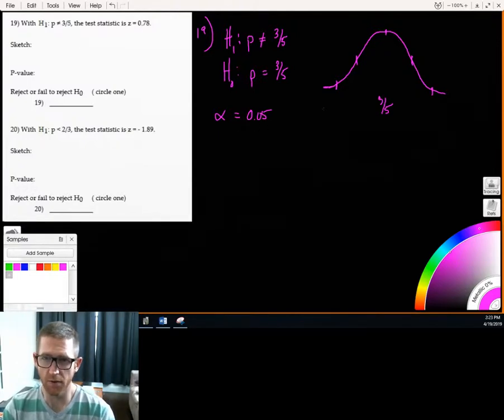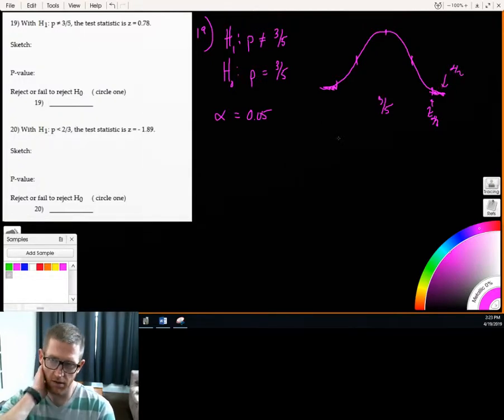Now it's split over two directions, right? So that would be essentially out here and out here. Because it's split in two directions, this Z alpha is actually Z alpha over 2, because it's half. That's half of the area.